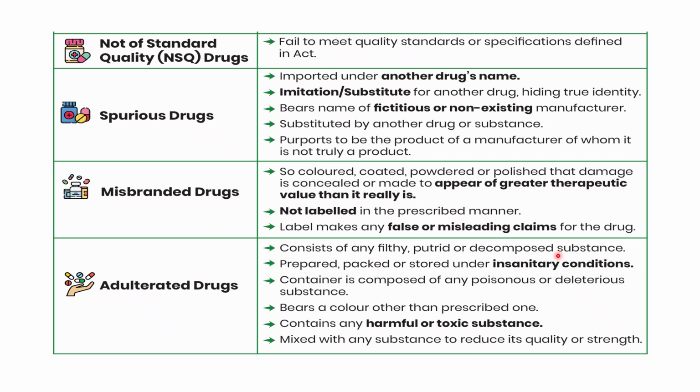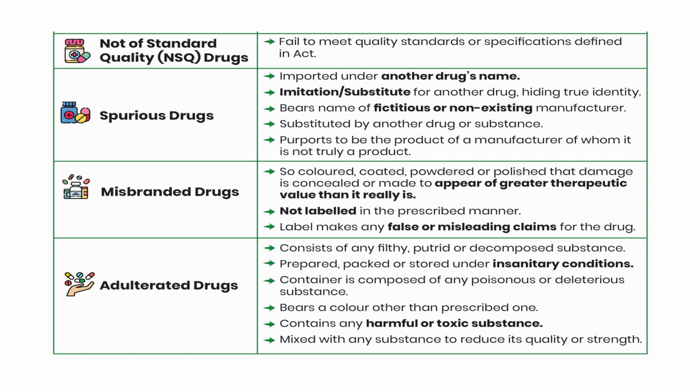Prepared, packed or stored under insanitary conditions. So ऐसे condition जो कि unhygienic condition है, insanitary condition है, if we are storing that, that will contaminate your drug, right? That will contaminate your medicine, and that will also come under the adulterated drug. Containers composed of poisonous or deleterious substance, bearing a color or another prescribed one, containing harmful or toxic material.